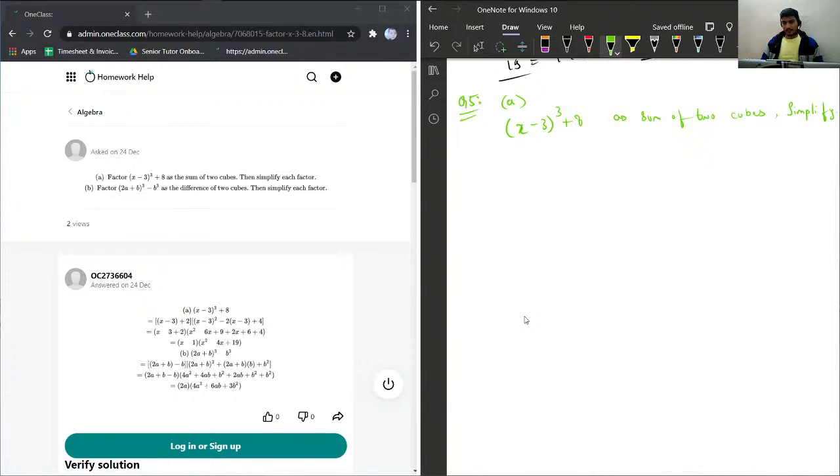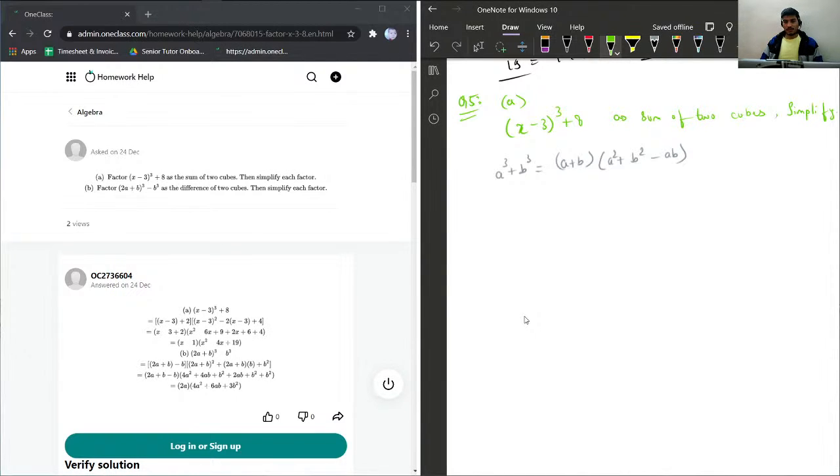For this I'm going to use a property which is a cube plus b cube equals a plus b times a square plus b square minus ab. If we treat x minus 3 as a, the first term is in cube, so we have a cube here.